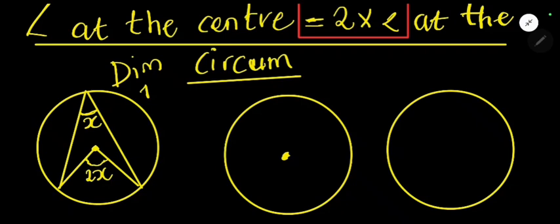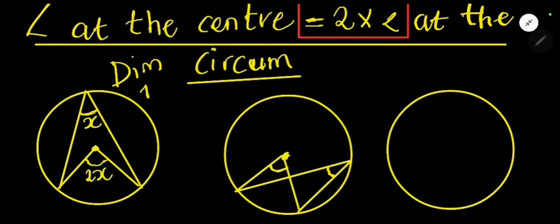And then dimension 2, we are going to have something like this, and then that, and that, and that. If you check, where is our angle at the center? Our angle at the center is here. And where is our angle at the circumference? It is there.